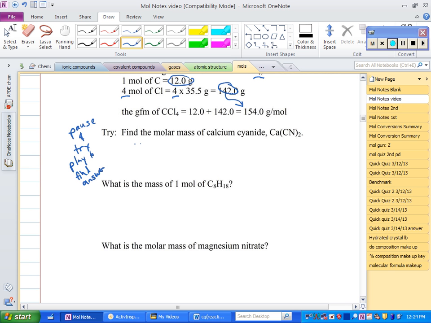Okay, so calcium, there's just 1, so 40.08. C, there's 2, so we're going to multiply that by 12.01. Nitrogen, there's also 2, and that's 14.01. And then we need to multiply those subscripts by the mass, and then add them all up.